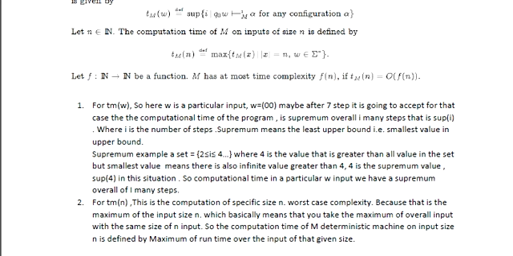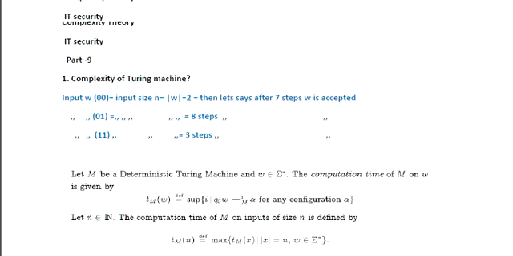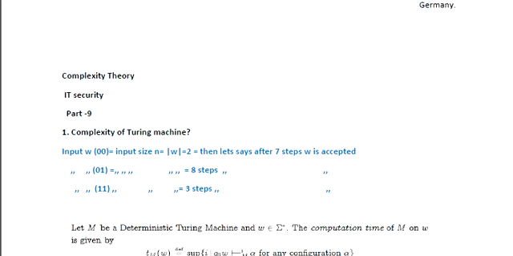So the computational time of deterministic Turing machine M on input size n is defined by the maximum of runtime over the inputs of the given input size. In our example, it will of course be 8, because this is the worst case.